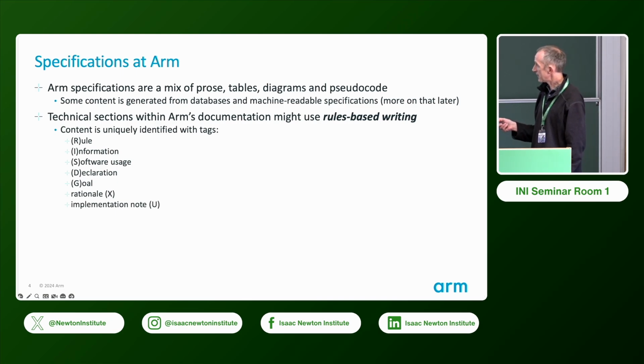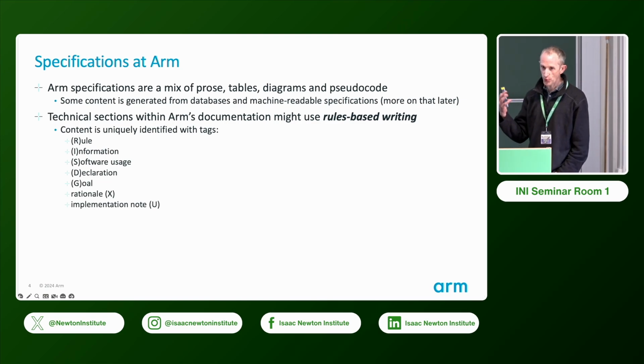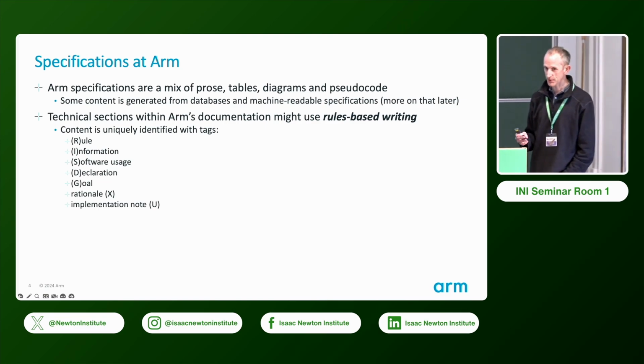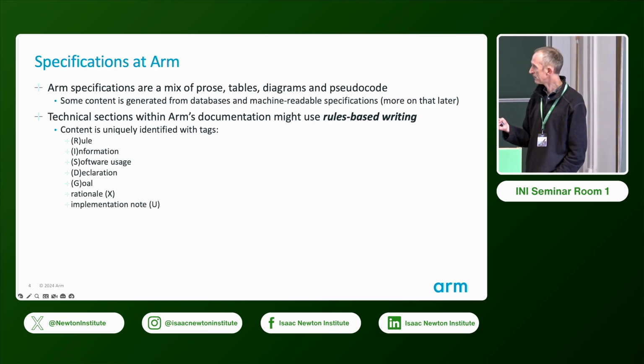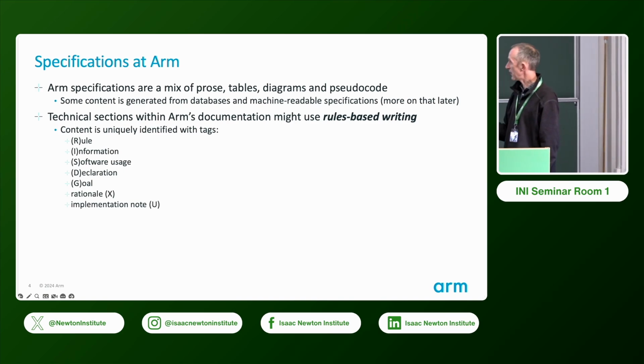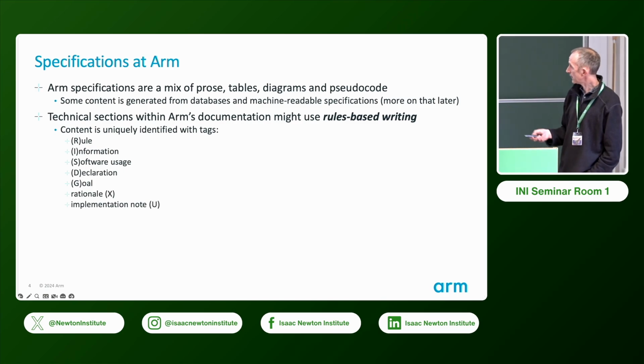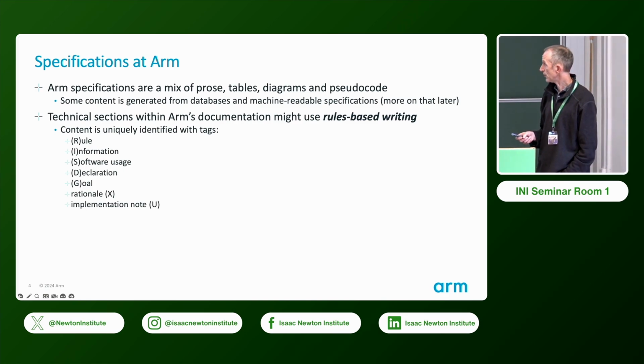So as well as there being all these databases which help generate content, there are actual more formal specifications that are used to generate content as well. So the instruction semantics descriptions are often coming from ASL, but there's other parts, and I'll get onto that later, that are also generated as well.